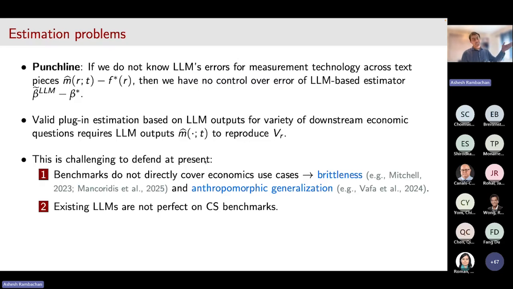First, benchmarks that are used in computer science don't actually cover the use cases we're interested in economics, and it's very difficult to generalize off of benchmarks to new tasks. And furthermore, on modern benchmarks that people now evaluate, frontier large language models are not perfect. So you would somehow have to argue that even though they are not perfect on CS benchmarks, they are somehow perfect in your economics application.